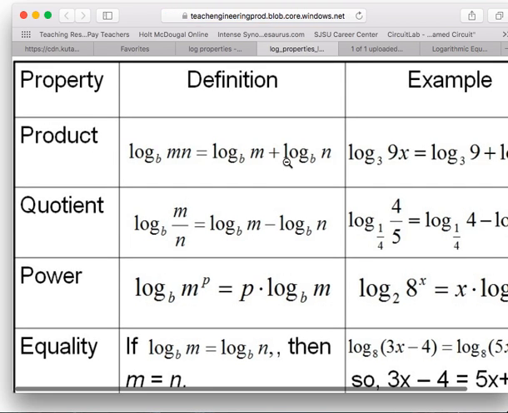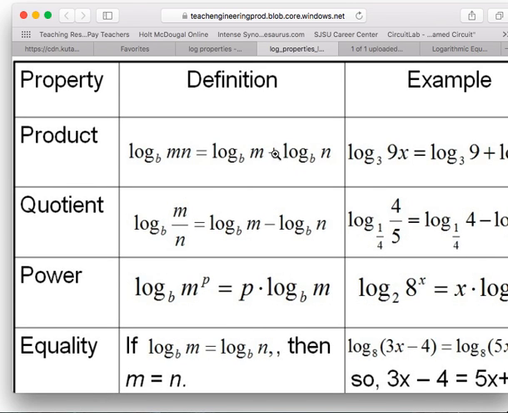We have a plus in the middle of the two logs, so this sum becomes multiplication. We use one log, and instead of log m plus log n, we just write one log, and then we use m times n. So we get rid of one of the logs, and instead of the addition, we use multiplication.